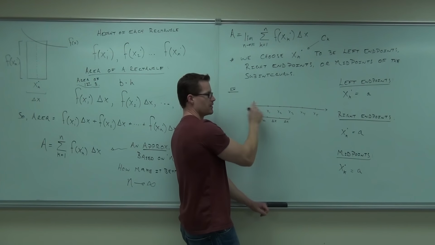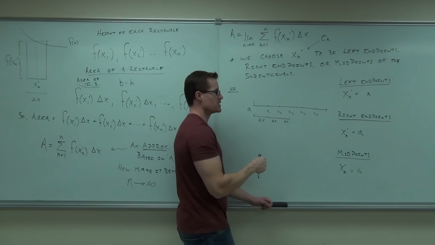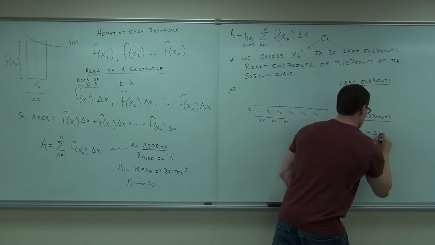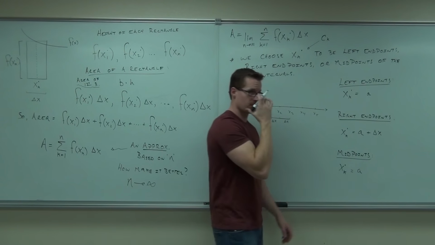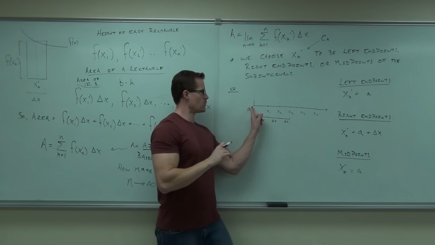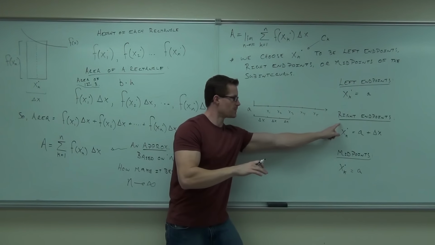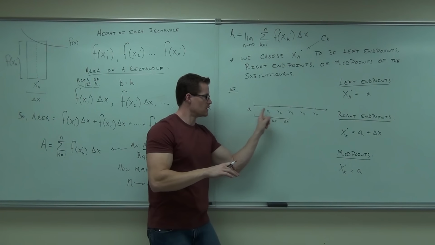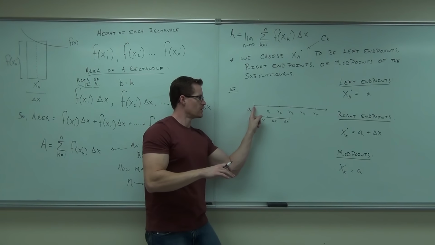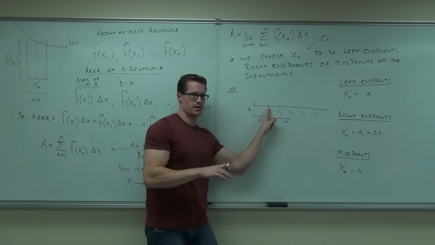Okay, so would you agree that to get to a right endpoint, I'm going to add delta x? Yes or no? So to get from here to here, I don't want to start at A. For right endpoints, I don't want to start at A. I want to start at x1. So I'd start at whatever this is, but plus delta x, right?